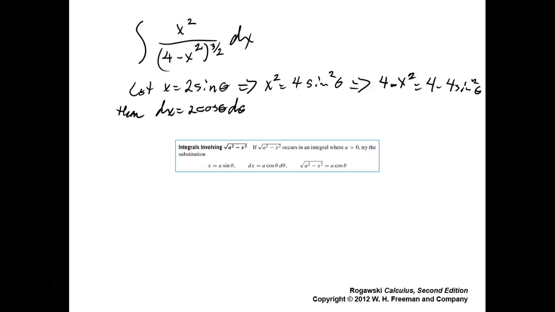Okay. x squared is 4 sine squared theta, right? So 4 minus x squared would be 4 minus 4 sine squared theta. Now you factor it out, okay? Which would be what? Maybe you're doing it all in one step. What would that give you?